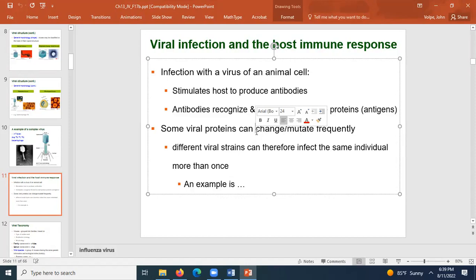Okay, and we'll talk a little bit about the flu later in the term. We'll talk about COVID later in the term too. I'm not sure why COVID is changing so rapidly. Why it mutates so rapidly. With the flu, I do know why it's changing so rapidly, and we'll talk a little bit about that.